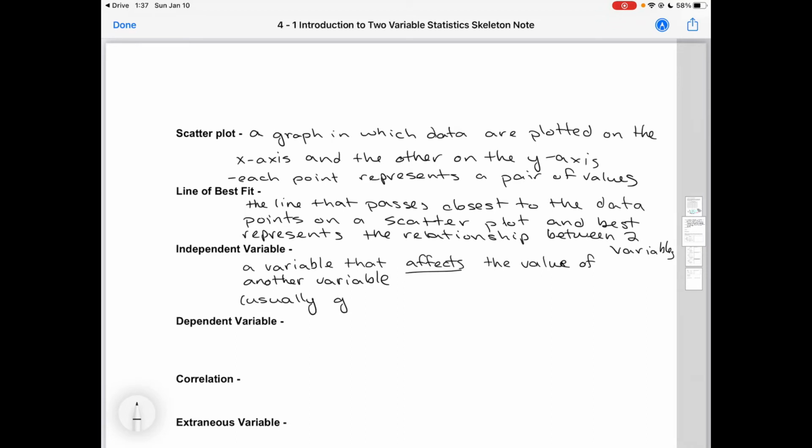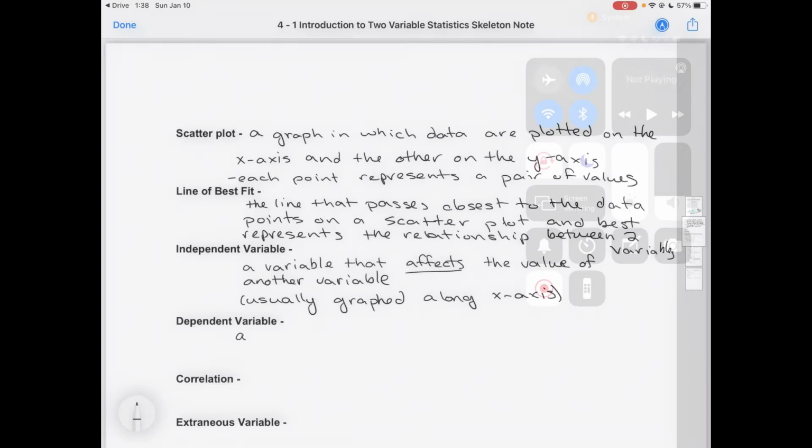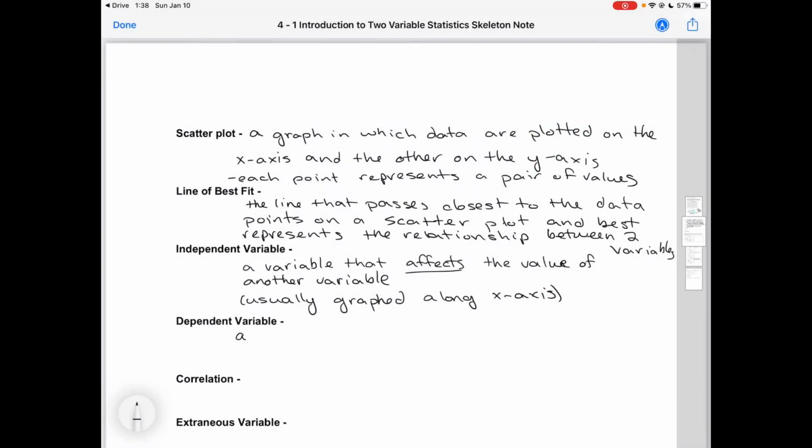Usually it's graphed along the x-axis. We also have the dependent variable, which is a variable whose value depends on the independent variable.